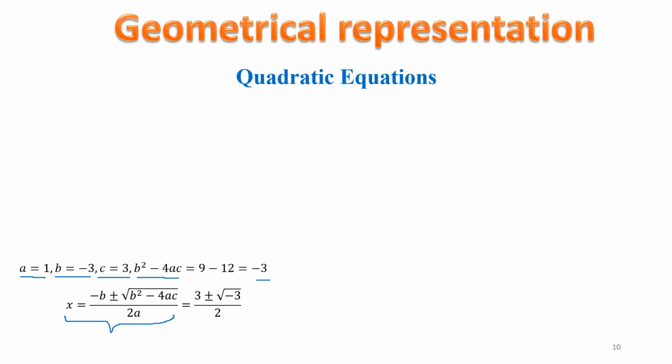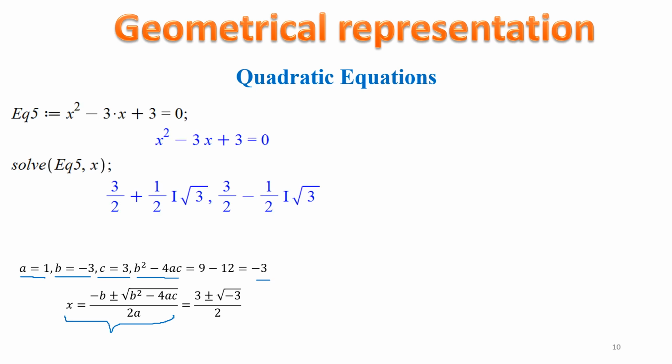The roots appearing by the formula are 3 plus minus under root of minus 3 upon 2. So the equation will appear like this. We can ask Maple to solve this equation and it will return the roots of the equation as appearing here. So this is a very obvious thing.